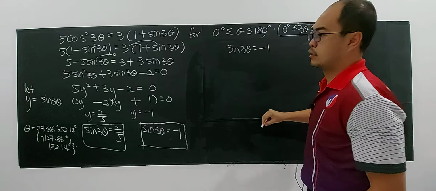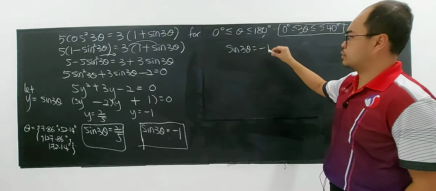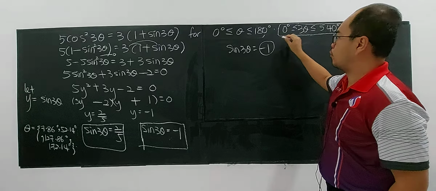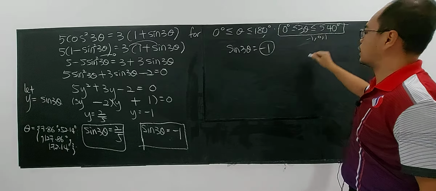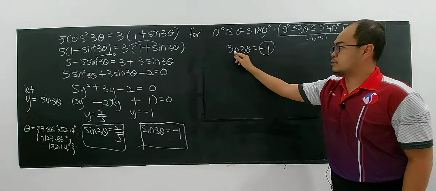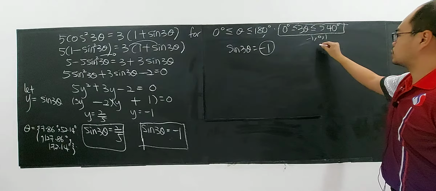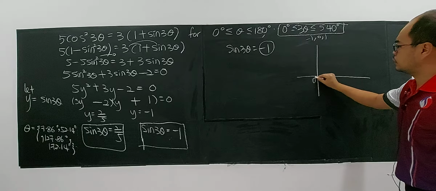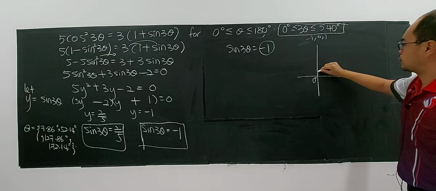to -1. As I mentioned in some of the examples in my videos, if there is a -1, 0, or 1, we are using the graph to look at the solution here. So let's look at sine theta. The graph for sine starts with 0.